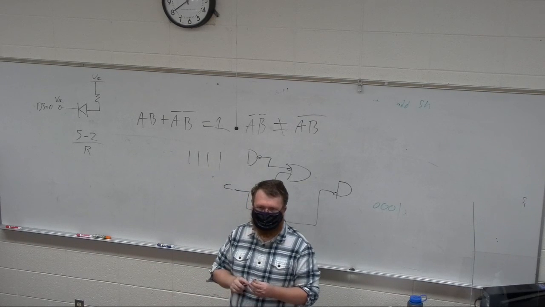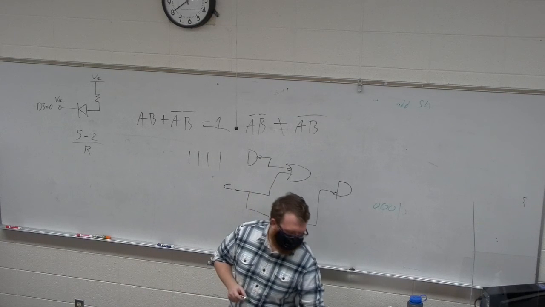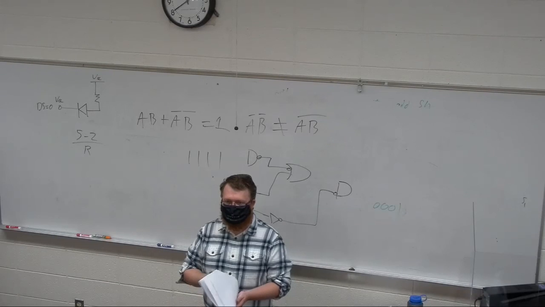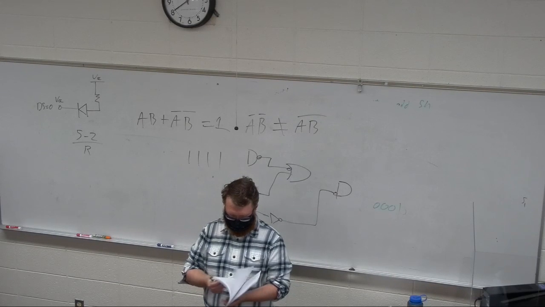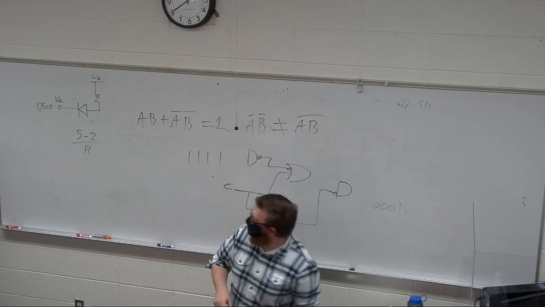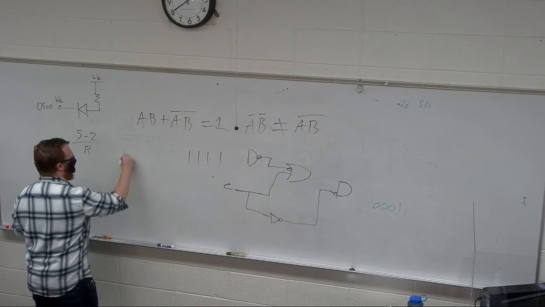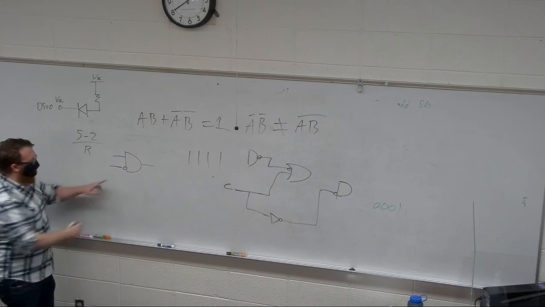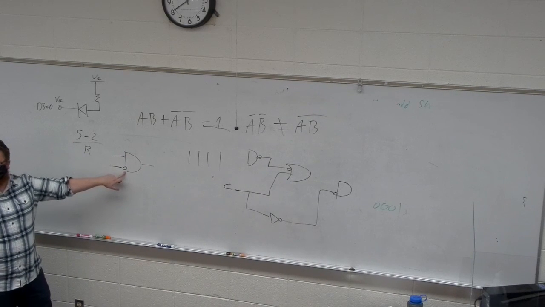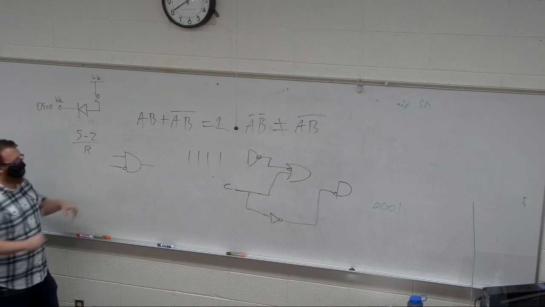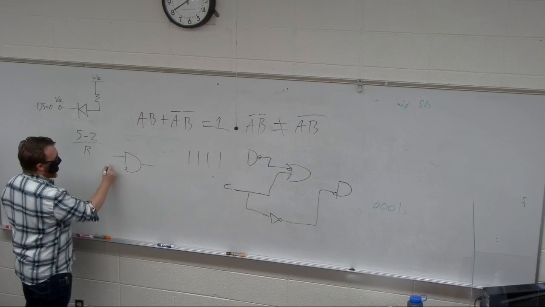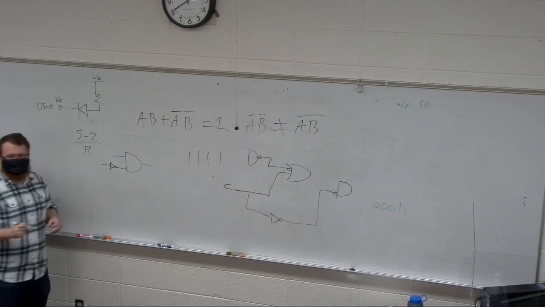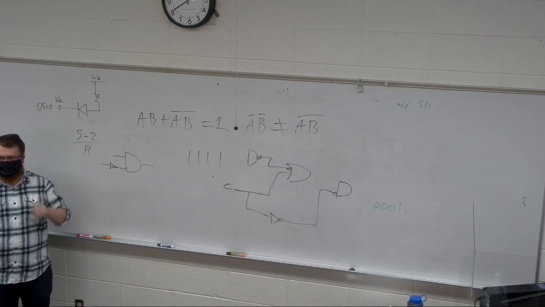On that last one, for the inputs, instead of a bubble, would you put an invert? Yes. Yeah, because the issue is that this implies that it's part of the gate, whereas this is clearly an AND gate with an inverted input.